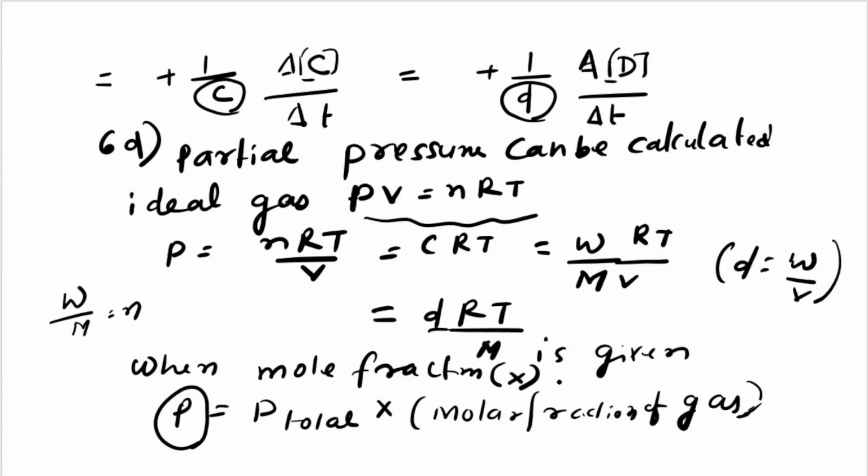So now it is clear, I think. I told before this P as molar fraction, but that is not true. This is the partial pressure and this is the molar fraction X. So I hope it is clear: P equals P total into X, where X is the molar fraction and P is the partial pressure.